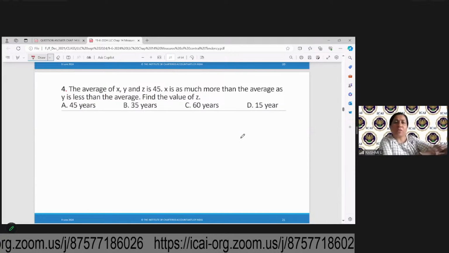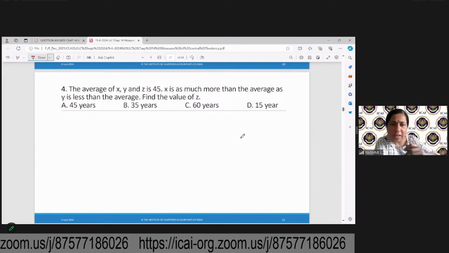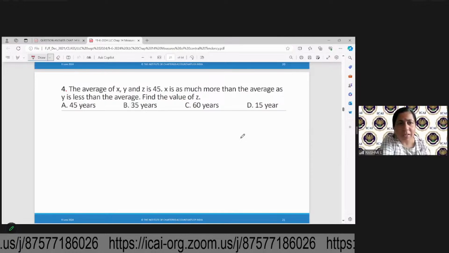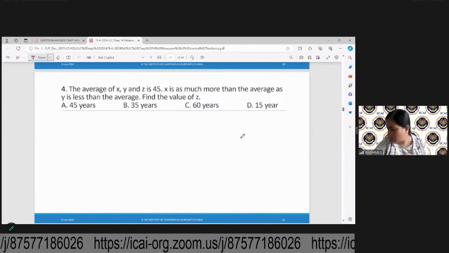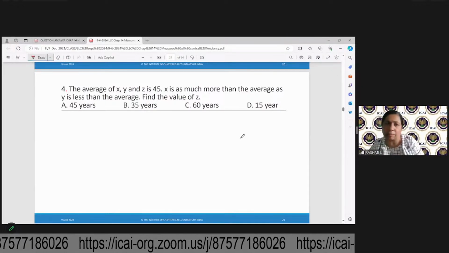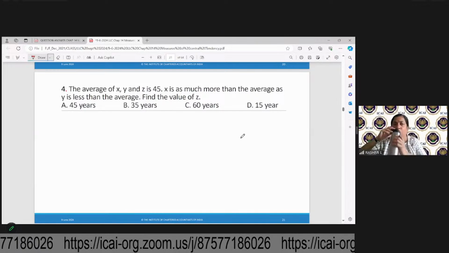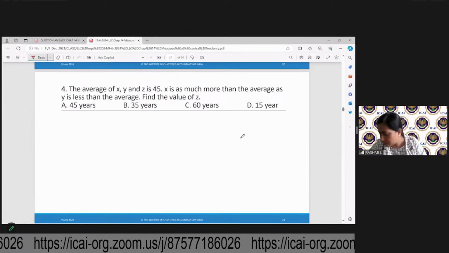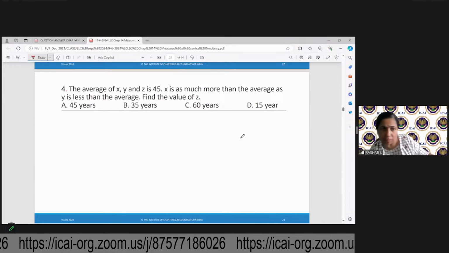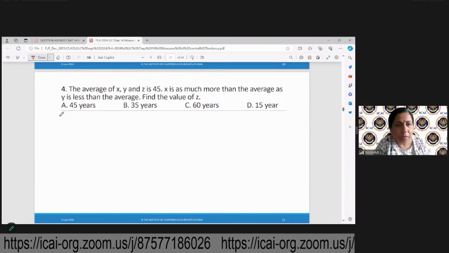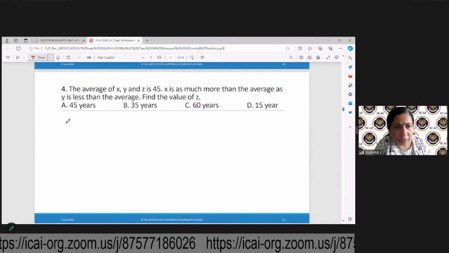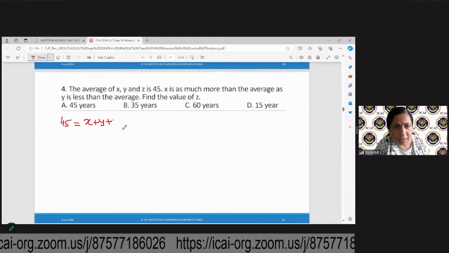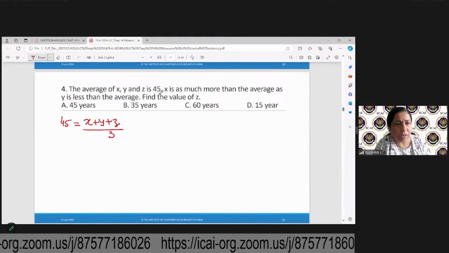Now, average of x, y, and z is 45. x is as much more than the average as y is less than the average. Find the value of x. 45 is equal to x plus y plus z upon 3 because there are three numbers.